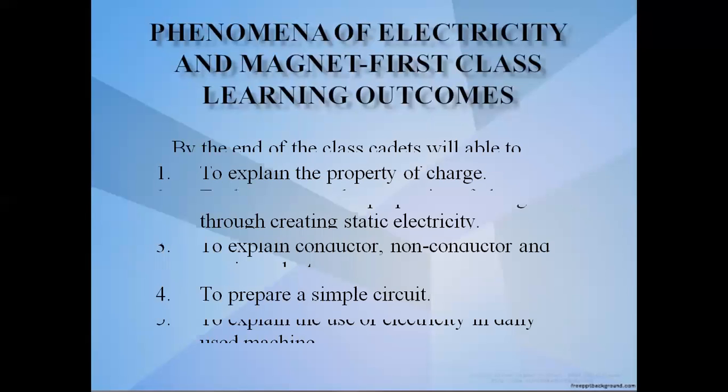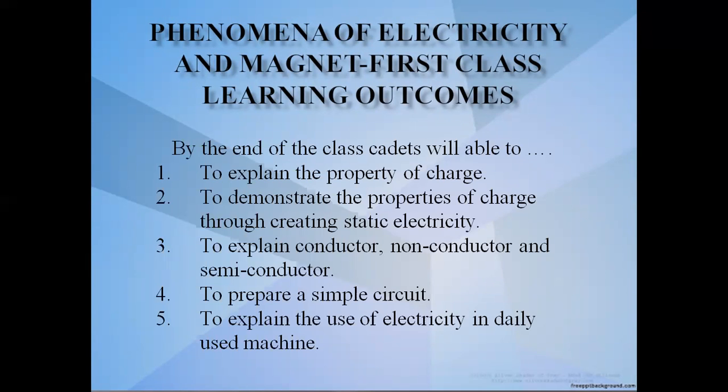By the end of today's class, you must be able to: number one, explain the property of charge; number two, demonstrate the properties of charge through creating static electricity; number three, explain conductor, non-conductor, and semiconductor; number four, prepare a simple circuit; and last, number five, explain the use of electricity in daily used machines.